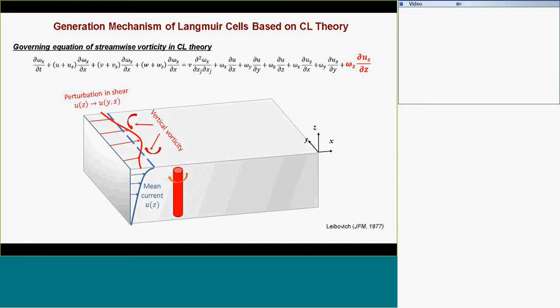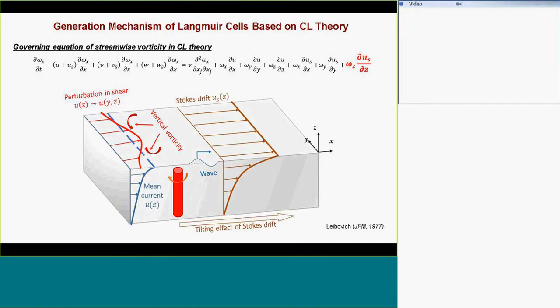And then we have waves present due to this wind action, and what is associated with the wave is what is called the Stokes drift. Basically, when we have a wave, the materials will be convected slowly in the wind direction, the wave propagation direction. Due to this convection, the vertical vorticity is turned into the streamwise direction.